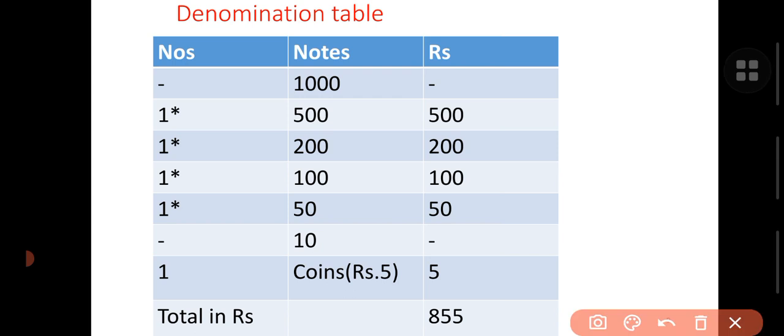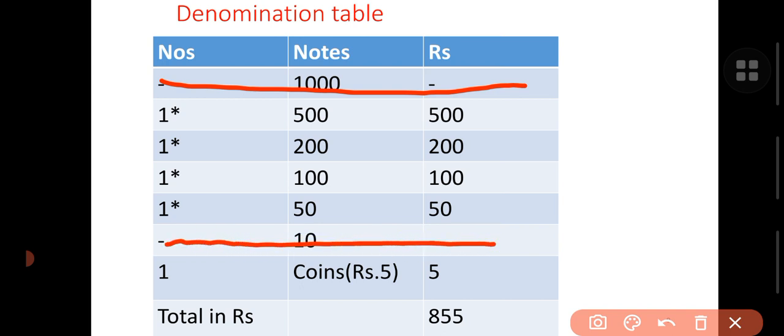Here too we don't have the 1000 rupees note and we don't have 10 rupees note, and we have 1 number of 500 rupees note. 1 times 500 we get 500. 1 note of 200 rupees, so 1 time 200 we get 200. 1 number of 100 rupees note, 1 into 100 we get 100. 1 number of 50 rupees note, 50. 1 number of 5 rupees coin we get 5.